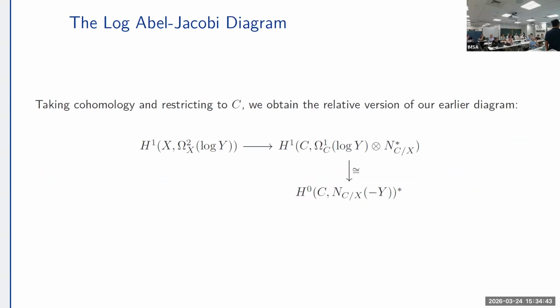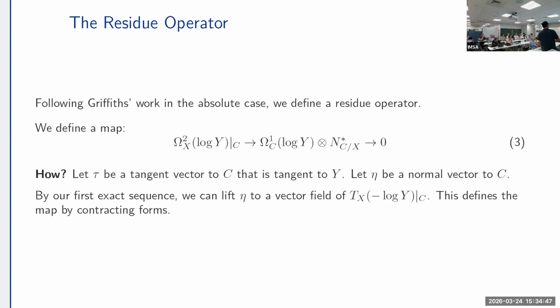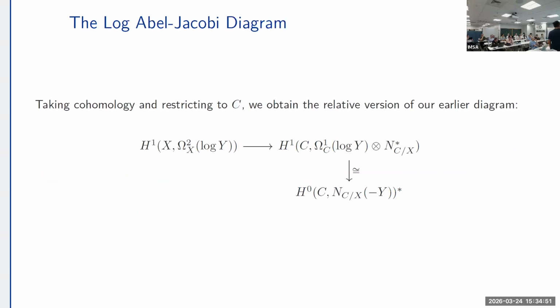So in the next step, we take H1 to this exact sequence, and we obtain something like this. We can use duality on the curve C, and if you look, this looks pretty much like the dual of the differential of the Abel-Jacobi.